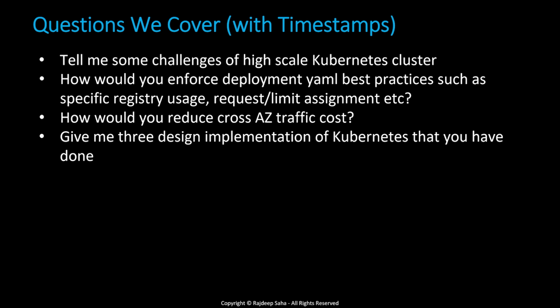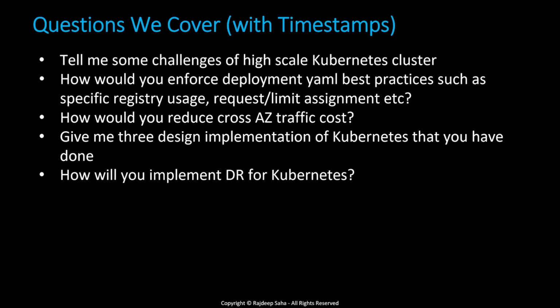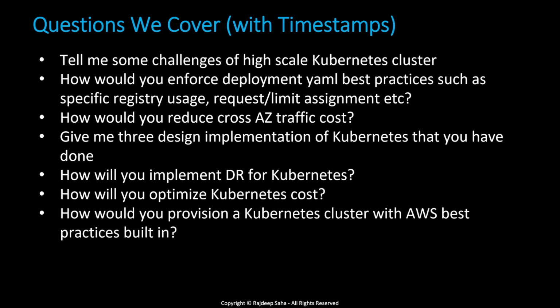Give me 3 design implementation of Kubernetes that you have done. How will you implement disaster recovery for Kubernetes? How will you optimize Kubernetes cost? How would you provision a Kubernetes cluster with AWS practices built in, such as security best practices, reliability best practices, etc.? I have provided the timestamps for your viewing convenience, so you can jump to the question that you want to know the answer of.